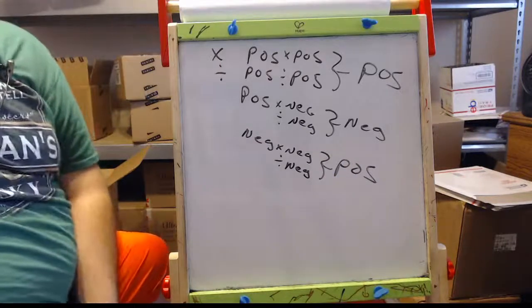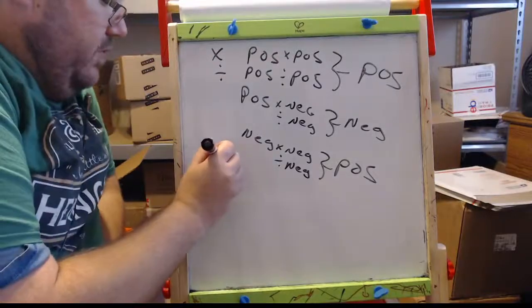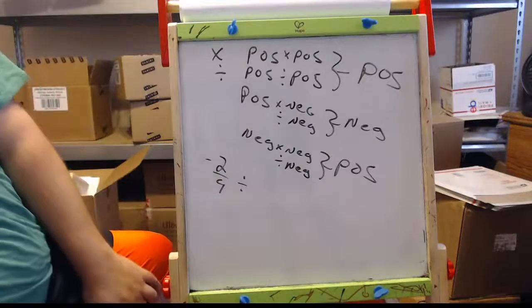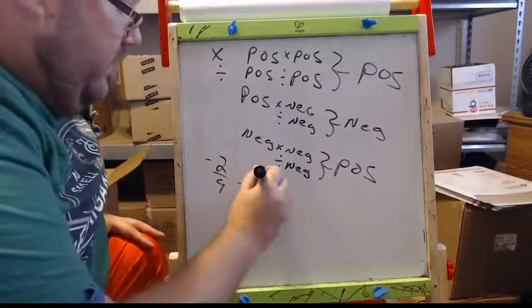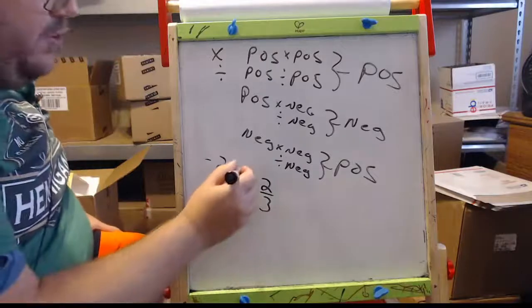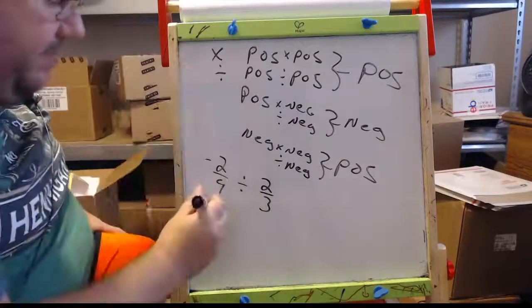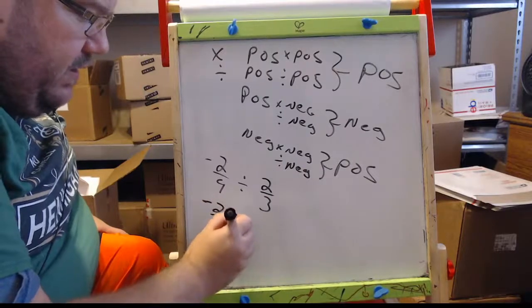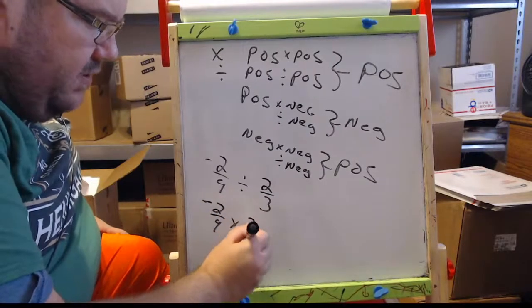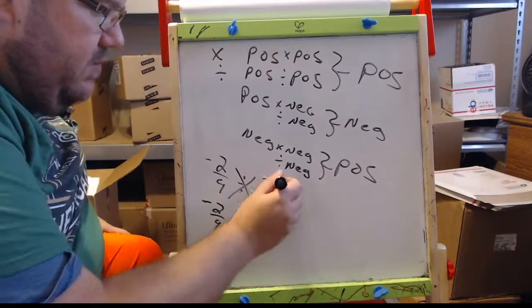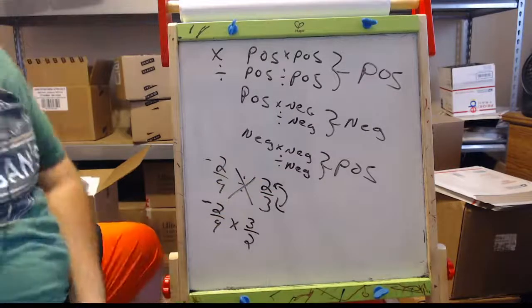So, in your case here, you have negative 2/9 divided by 2/3. Now, when I divide by a fraction, I'm really multiplying by the reciprocal. So if I rewrite this, negative 2/9 times 3/2. So change this to a multiplication and flip this when you're doing division of fractions.